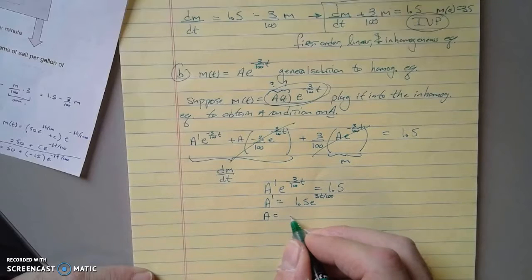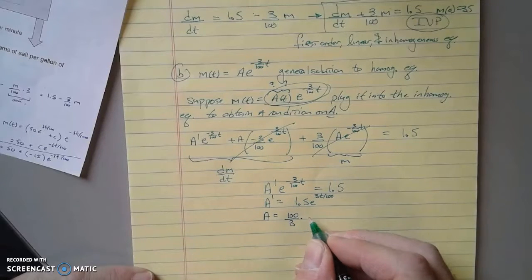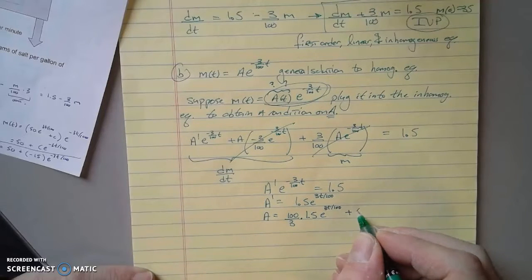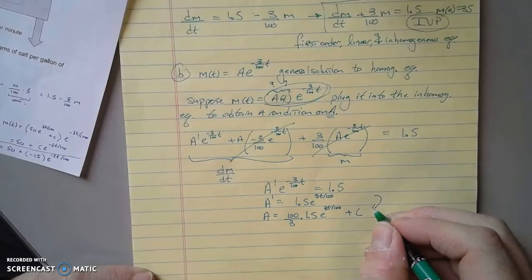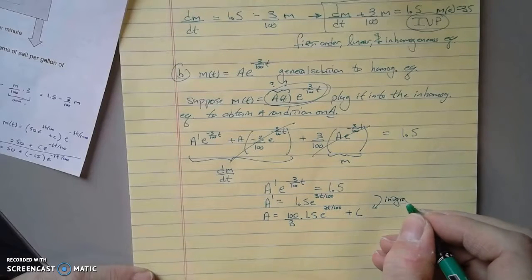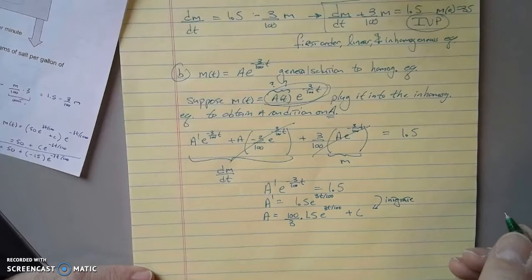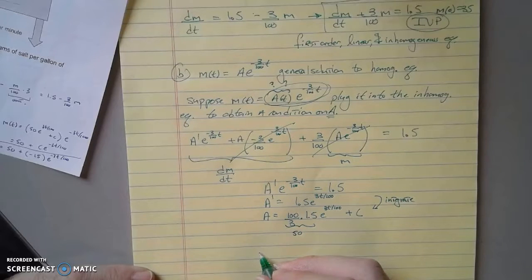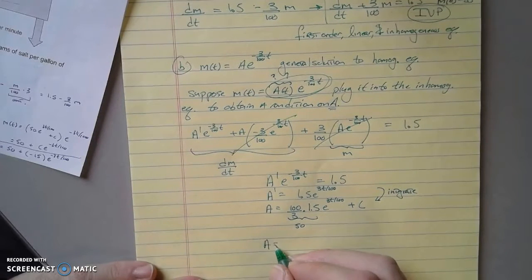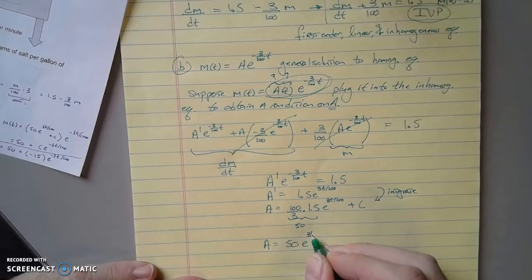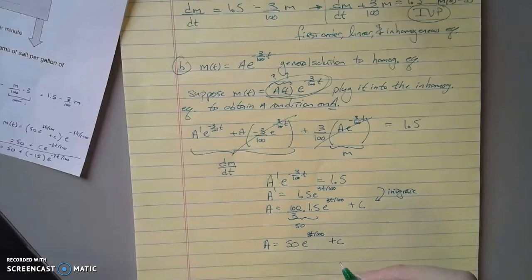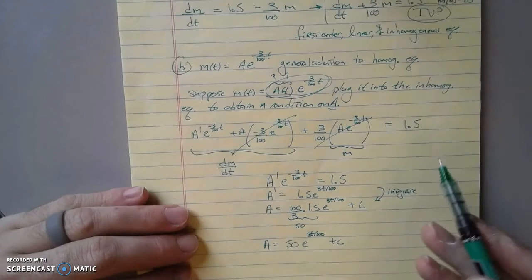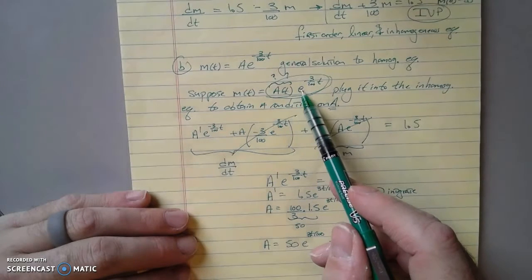So then A is going to be 100 over 3 times 1.5 e to the stuff plus an integration constant, right? So just integrate. This ends up being 50. So then A is 50 e to the 3t over 100 plus c, but we're not done yet. This is only part of what we need. We have to go back up here to what we supposed the solution to be.